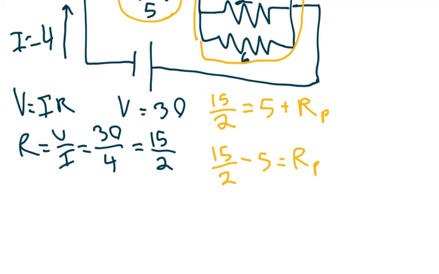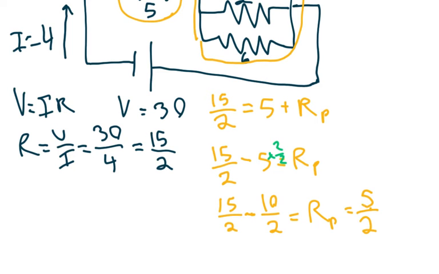So we're just going to multiply 5 by 2 and put 2 underneath. Like we're multiplying it by 2 over 2, which is the same thing as 1, which is why we're allowed to do that. So that's going to allow us to get 15 halves minus 10 halves equals our resistance. And this is going to actually get us 5 halves.